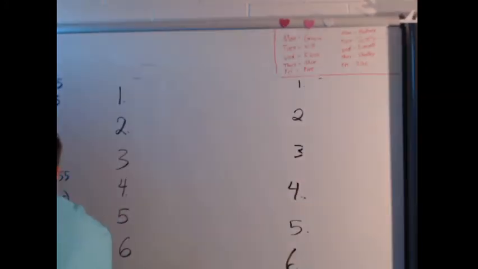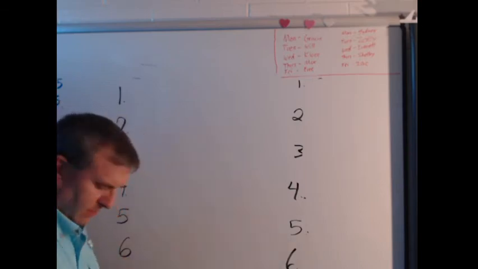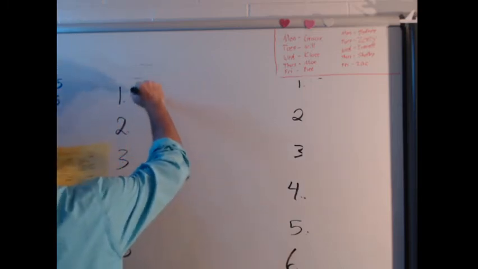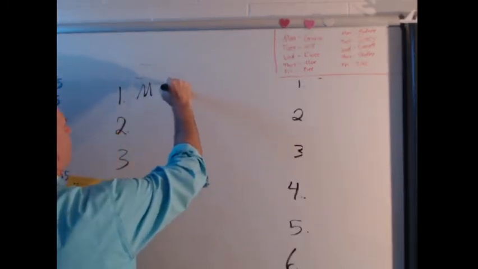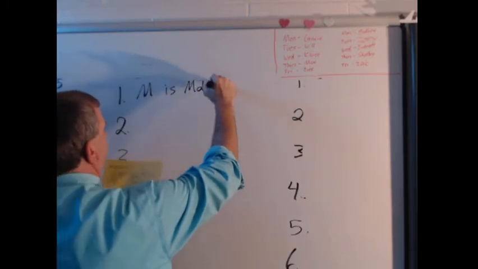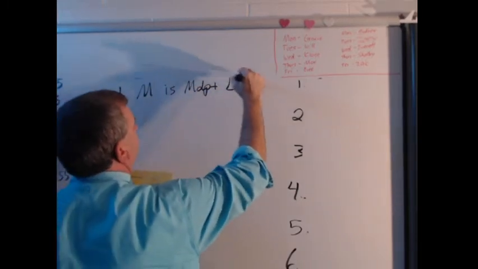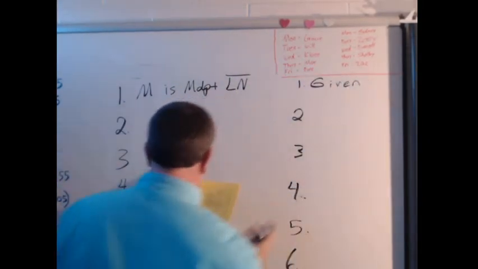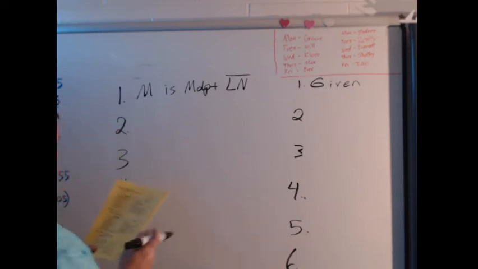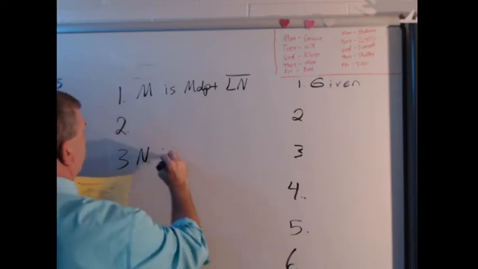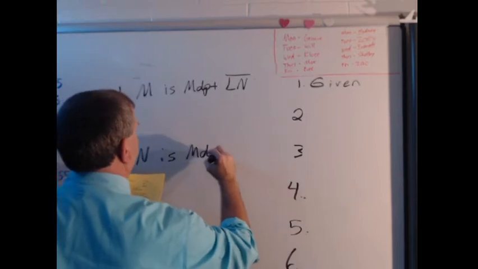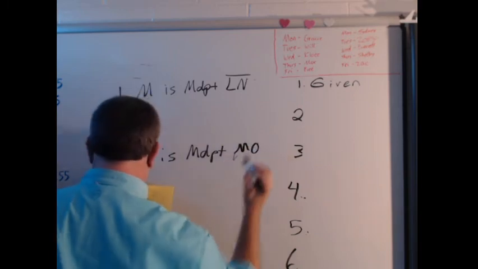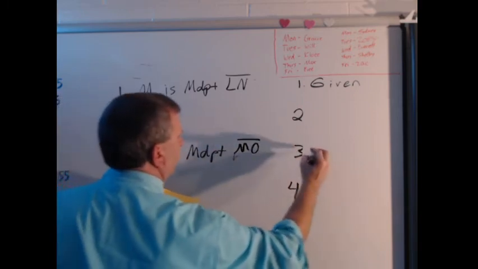Okay, so now, number 9 on page 22. We're going to start where M is the midpoint of LN. We always know that's given. Then in step 3, I'm going to go ahead and give this to you. N is the midpoint of MO, and that's given as well.